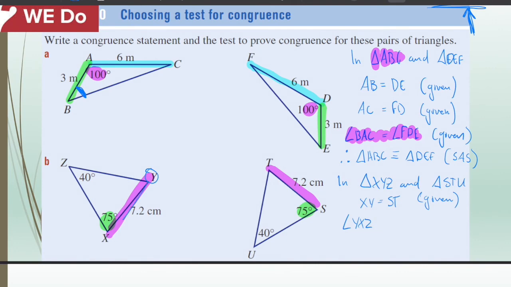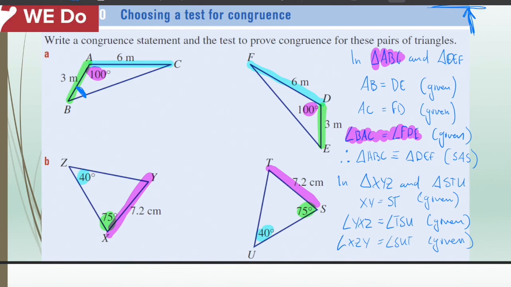Remember, that's how we write it. Is equal to angle TSU, also given. And then we've got the last angle over here in the corner at 40 degrees. And that's also been given.